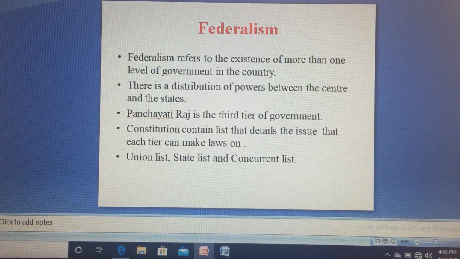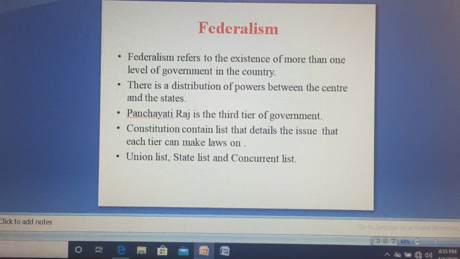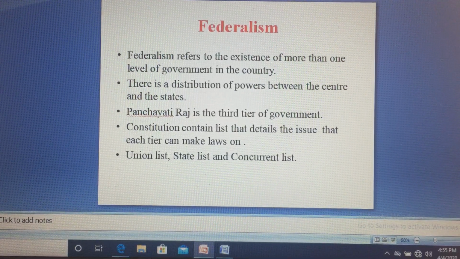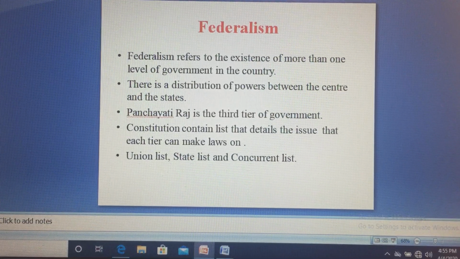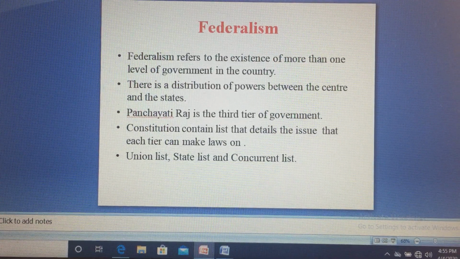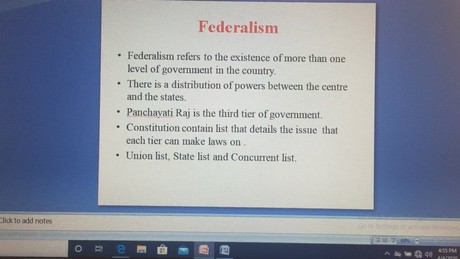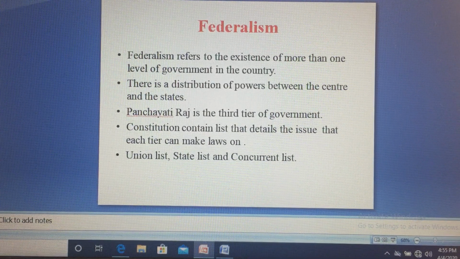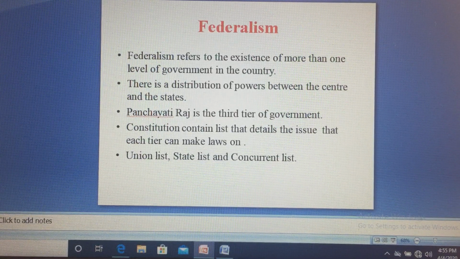Our Constitution contains lists that detail the issues on which each tier can make law. It is clearly defined on what topic a law can be made: the union list, state list and concurrent list. The union list includes all the topics on which the central government can make law, like defense and external affairs.